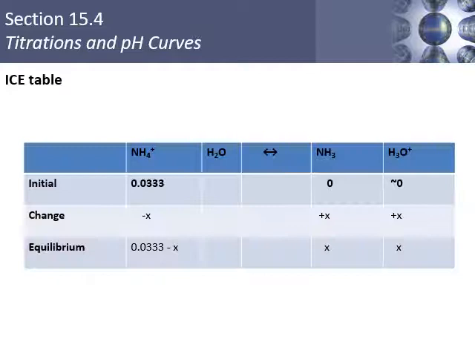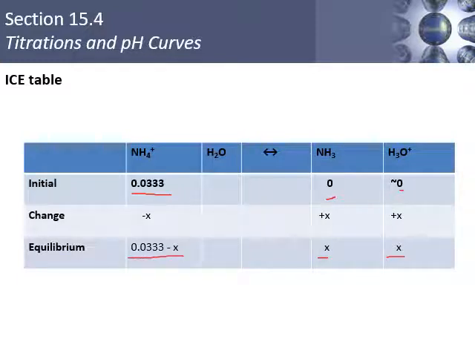Next slide. So for initial, this will be 0.0333, and this will be 0, and this will be 0. So 0 plus x is x, 0 plus x is x, and this is 0.0333 minus x.